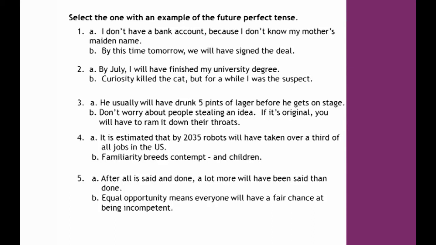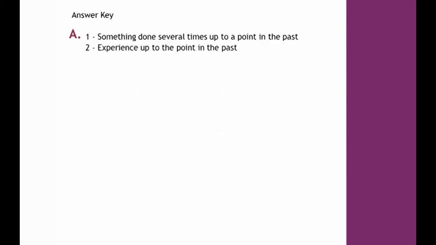Are you ready for evaluation of your answers? Okay, let us have this one. This is the answer key for set A. Something done several times up to a point in the past. That is the reason for sentence number 1. Sentence number 2, that was an experience up to the point in the past. Sentence number 3, a past event important up to the time of reporting.